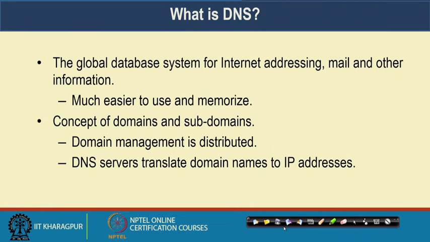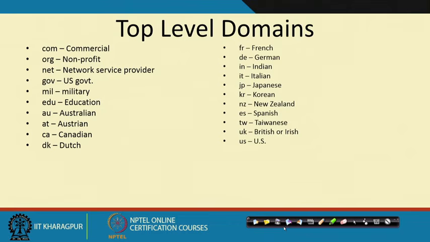And there is the concept of DNS servers which translate the domain name to the IP address. So, one is the management of this distributed domain, and another is that I require a domain name server which will translate this domain name to IP addresses. These two are the major activities.